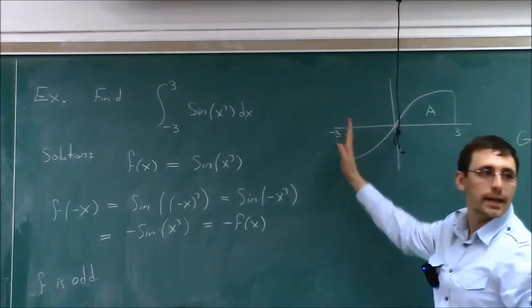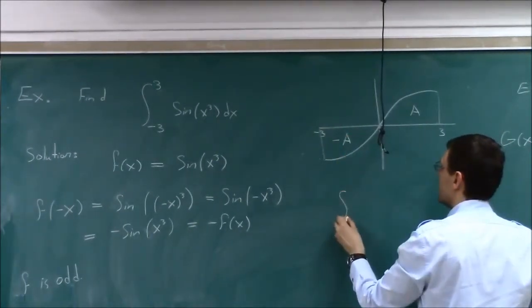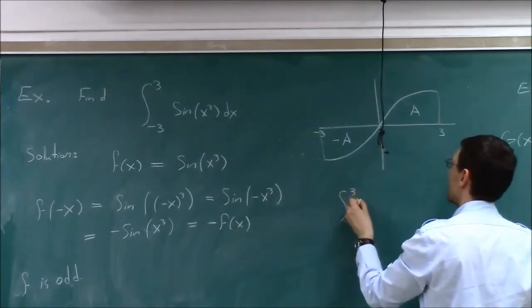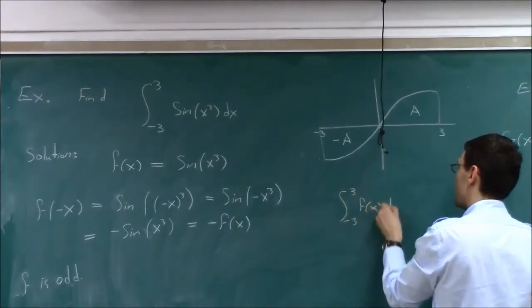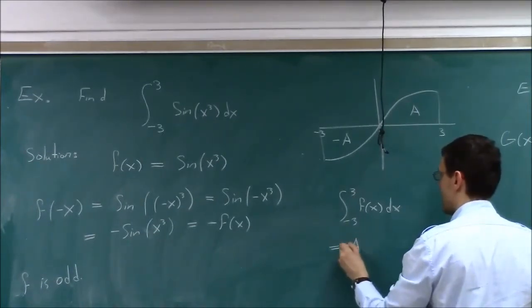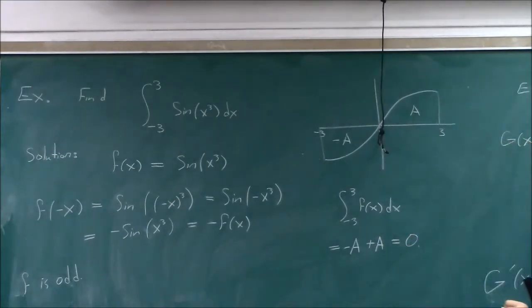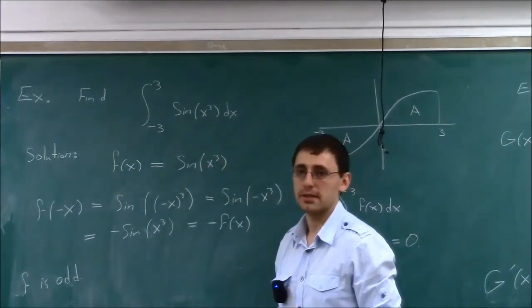Because the heights are negative, it will give me minus A. So the integral from minus 3 to 3 of f of x dx is exactly minus A plus A, which is 0.